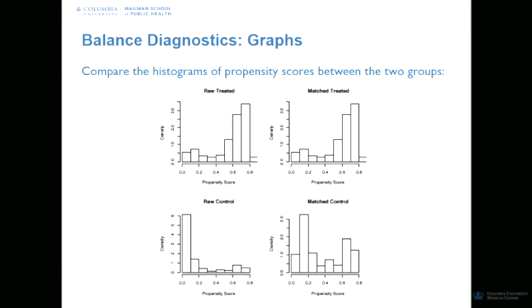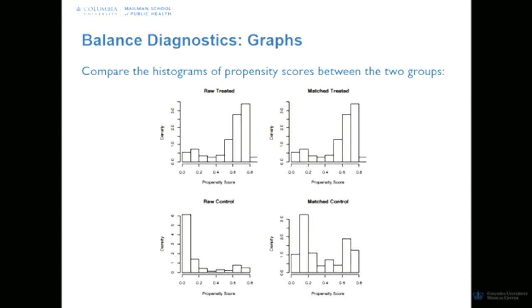This example shows you the graphical displays. On the left columns are the raw treated and control before matching. And on the right, we have the matched treated and the matched control. Can anybody guess what's happening here? Not guess, but say, what do you notice?